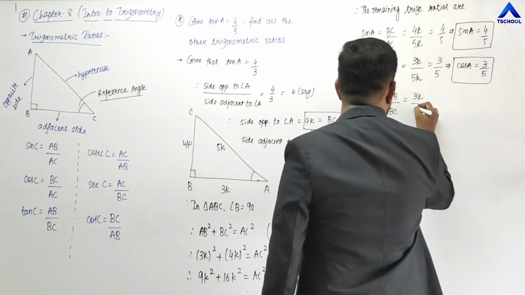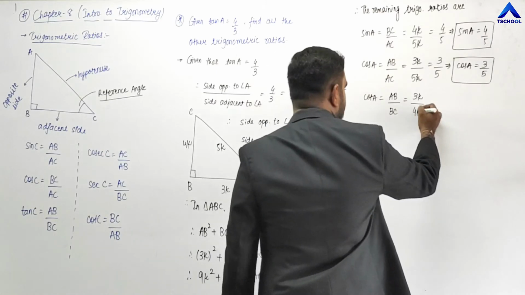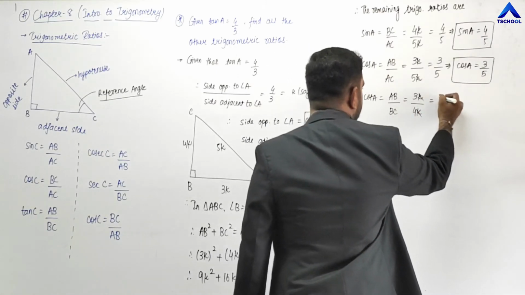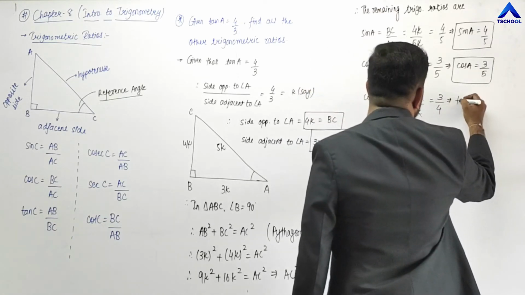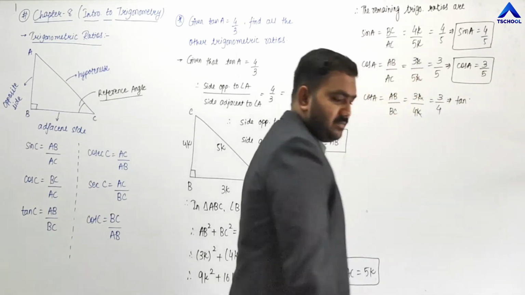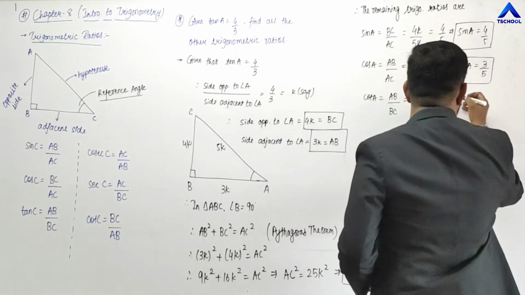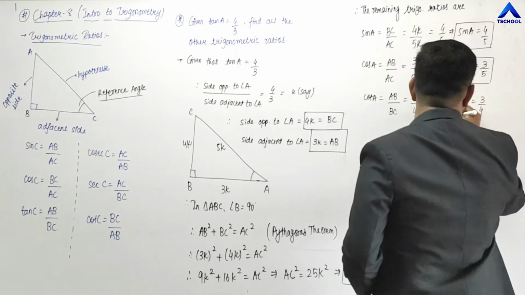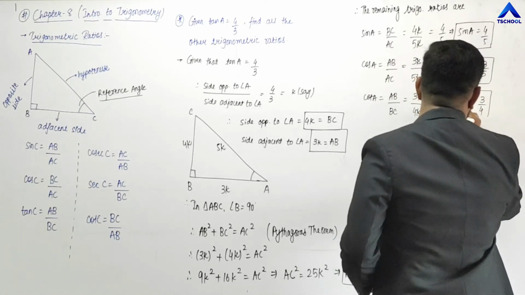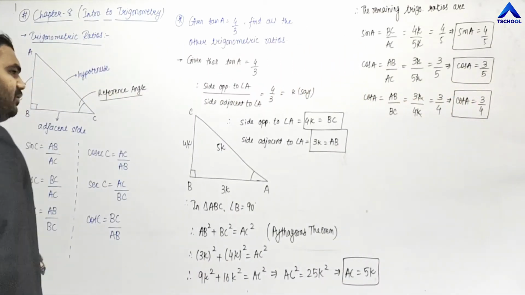AB is equal to 3K and BC is equal to 4K. So we can cancel out K and K, which is equal to 3 upon 4. This implies, sorry, my mistake friends, cot A is equal to 3 upon 4. So we got the third remaining ratio here. Cot A is equal to 3 upon 4.